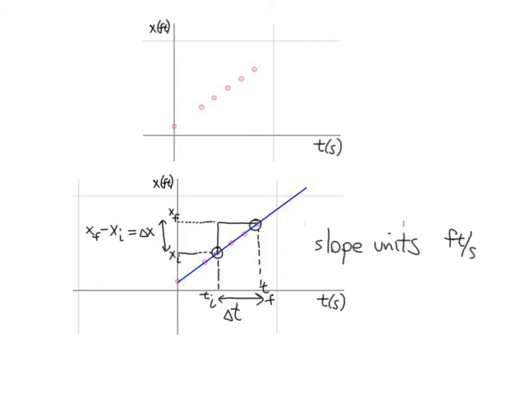So analyzing our slope units, it comes out to be feet per second. Now, what kind of a quantity would feet per second describe? If you think about the units feet per second, it sounds an awful lot like miles per hour. And so we might think that the slope represents the speed.